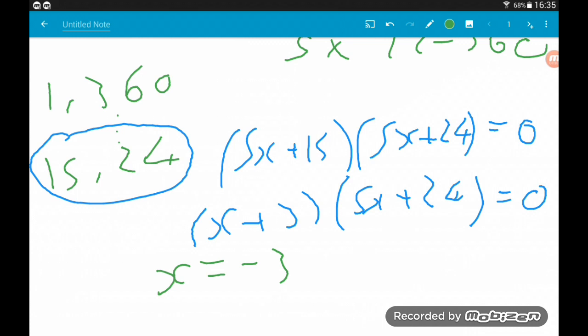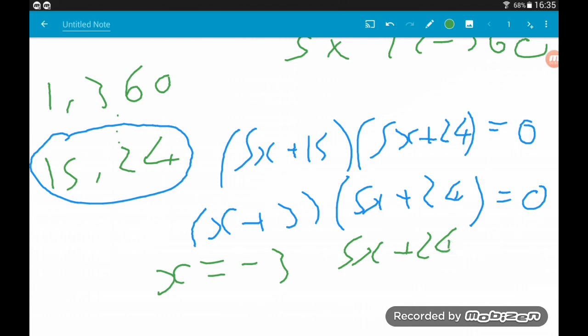So that's why in the first one, our solution is x equals minus 3. Minus 3 plus 3 is indeed 0. So what we do in the second bracket, it's not quite so simple. We have a little equation that we need to solve. So we set 5x plus 24 equal to 0. And then we solve it.